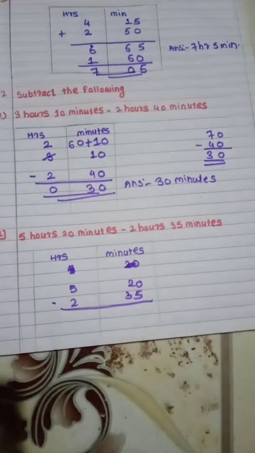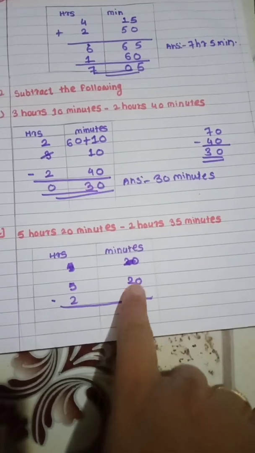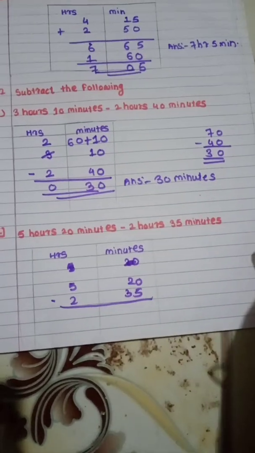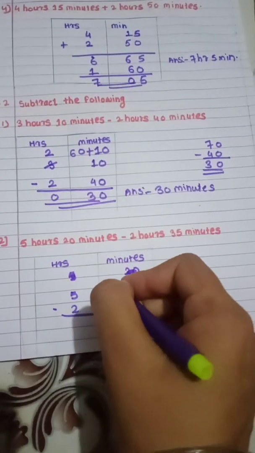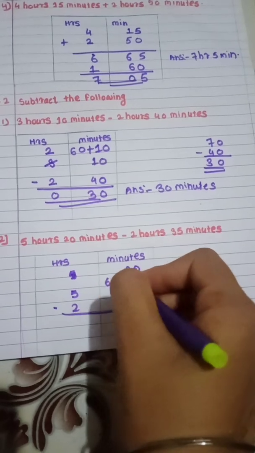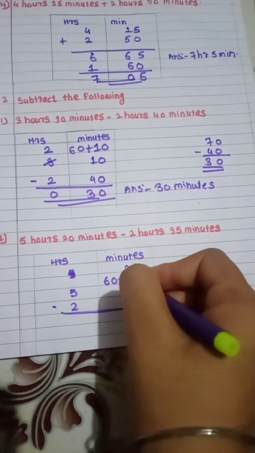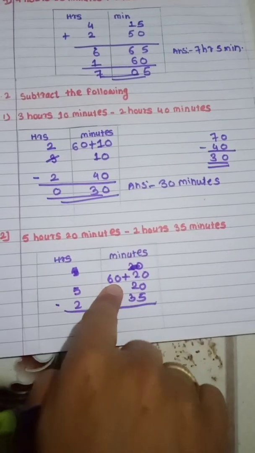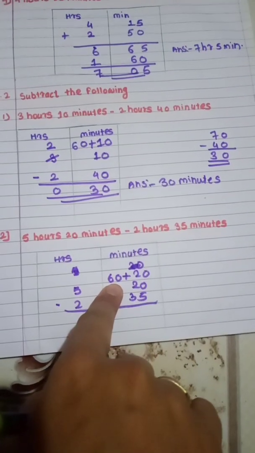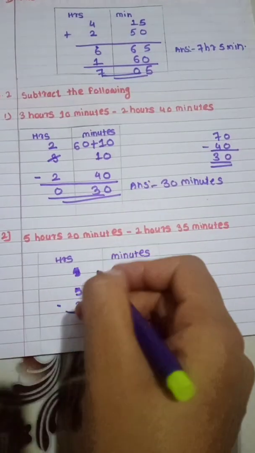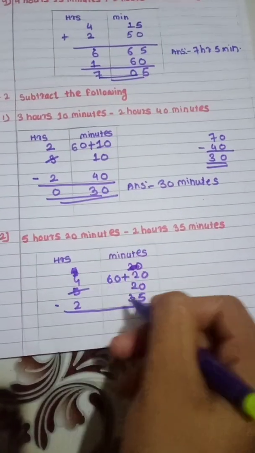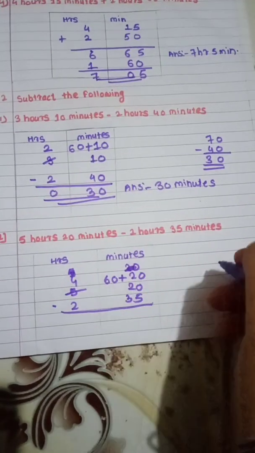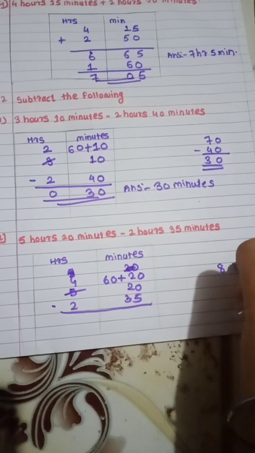Okay students, so 35 cannot be subtracted from the 20. So I will borrow 60, plus this 20. Now 60 minutes I have given here, means 1 hour I have given from this 5. So it will remain 4.